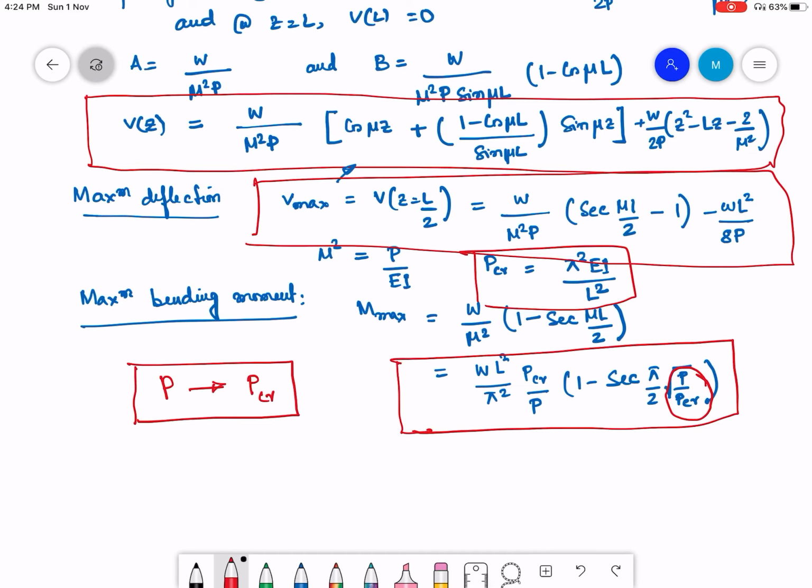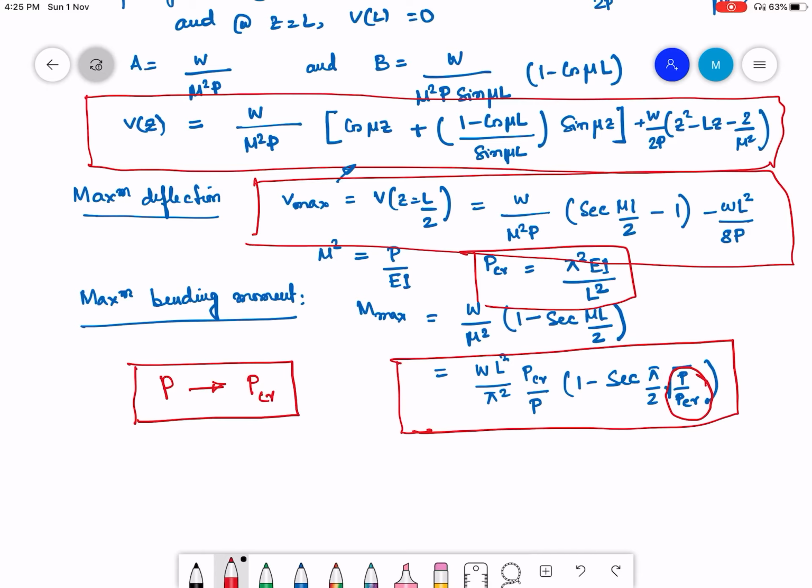Nonetheless, the applied axial compressive load should not be near P critical to avoid large deformation of the column. Therefore, for non-perfect columns as well, which are more common in real life, we have to know the critical buckling load of the column, and the applied load experienced by the column should not be near P critical.